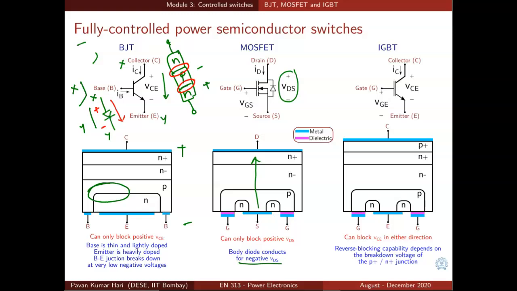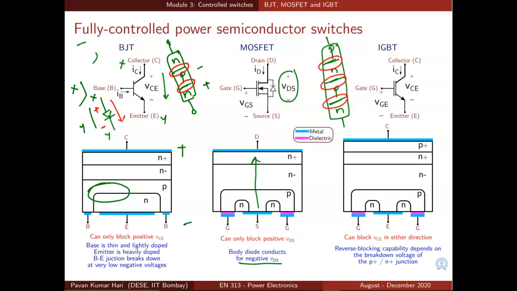And how about IGBT? Again, going by the same intuition, let us say you have a PN structure. This IGBT has a PN kind of structure. We tend to think that it can block voltage in either way, because there are three junctions, two of them will oppose positive voltage and two of them can oppose negative voltage.